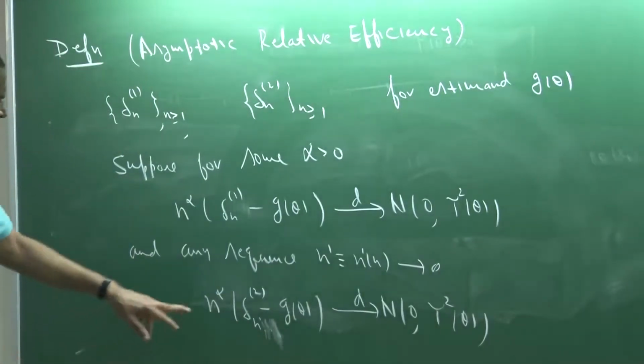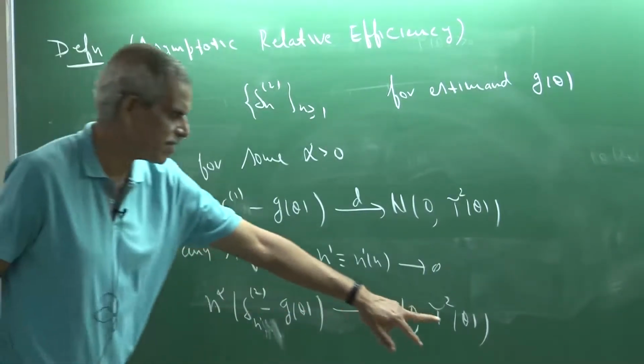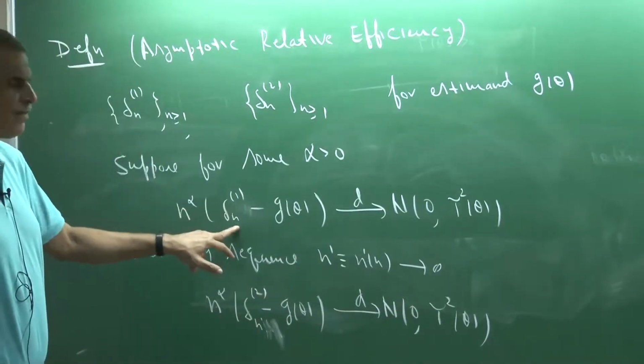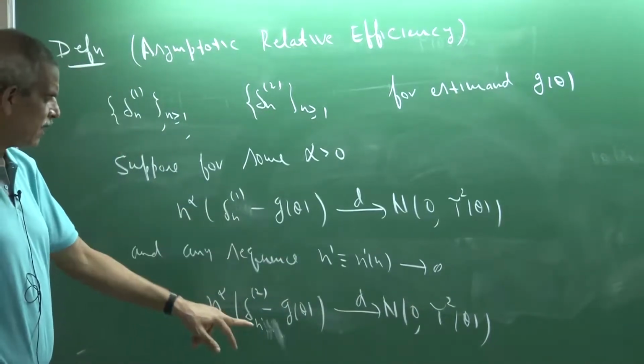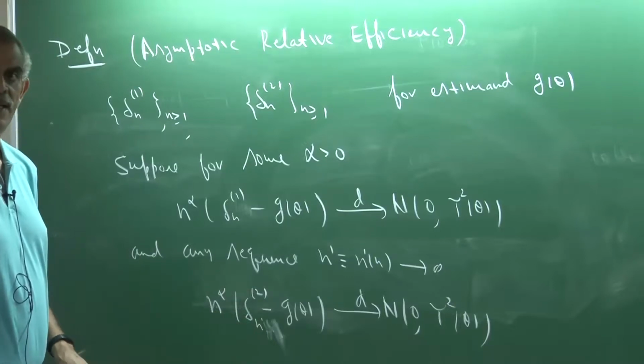So that means to achieve the same rate and the same asymptotic variance, delta n1 requires a sample size n, whereas delta n2 requires a sample size n prime.